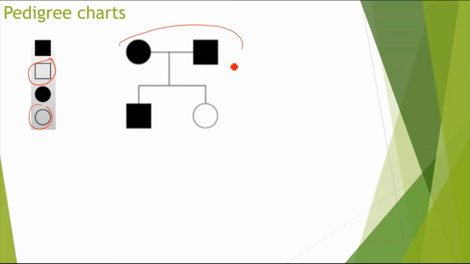In this case, both of our parents are affected, whereas one of our offspring is not affected. So we know that our disease must be dominant. This is because if our disease was recessive, then the offspring would be affected, because, for example, if the allele was lowercase c, then our offspring would also have lowercase c.